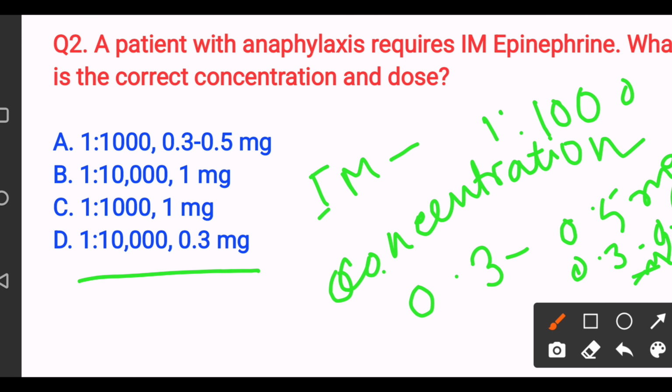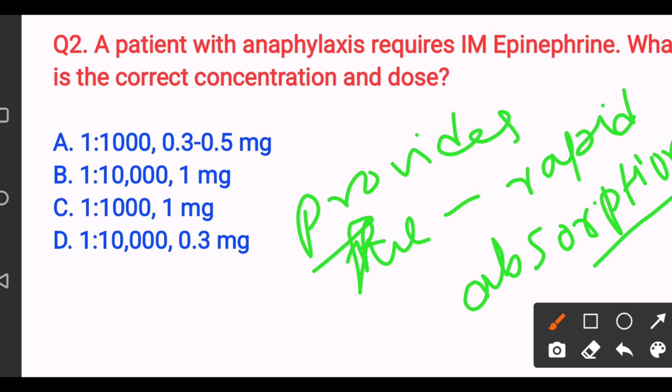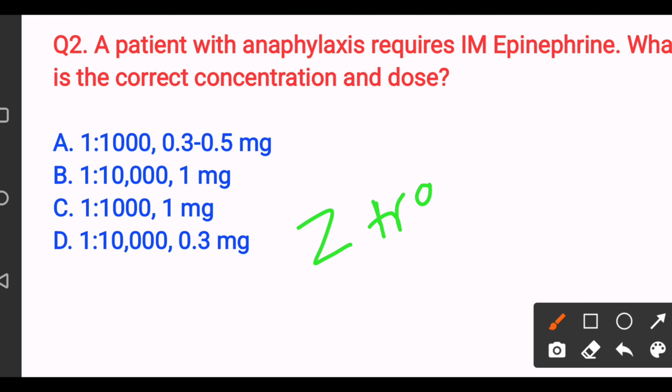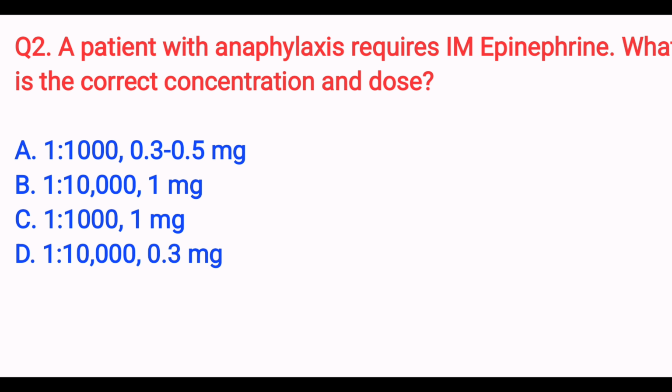This provides rapid absorption and is safer than IV in a non-arrested situation, and the technique used is the Z-track method to prevent leakage.